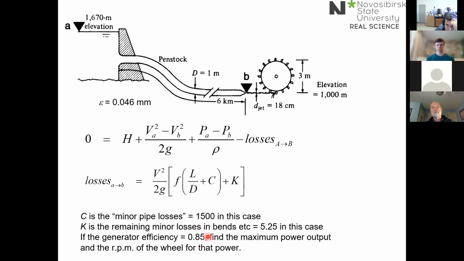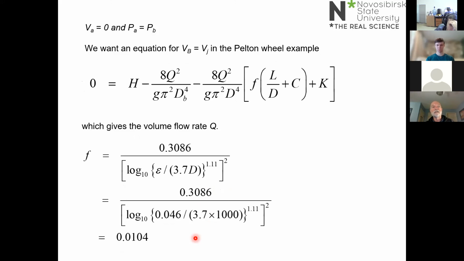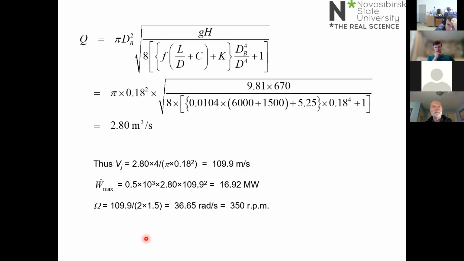And so here's a simple example where we put that into practice. If you go through the numbers that I have provided, you get a very similar value of the friction factor that I had before. And then you can work out the volume flow rate, the jet velocity, the maximum power, and the operational speed that power is achieved at.